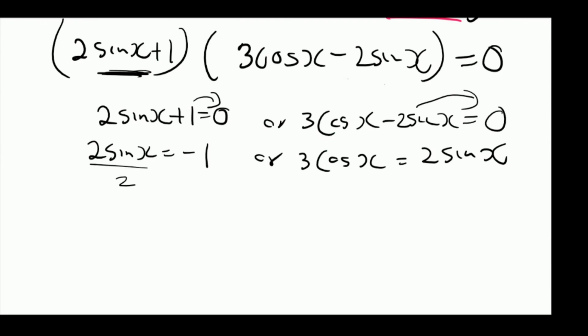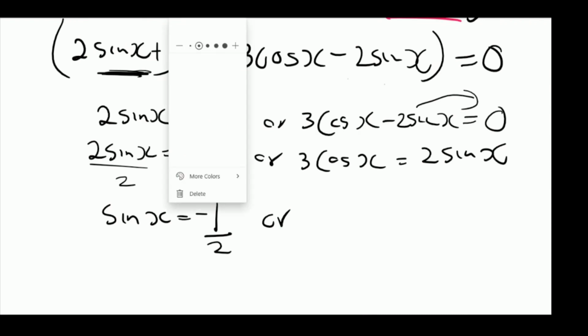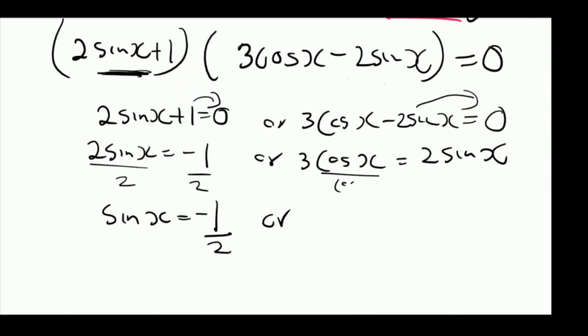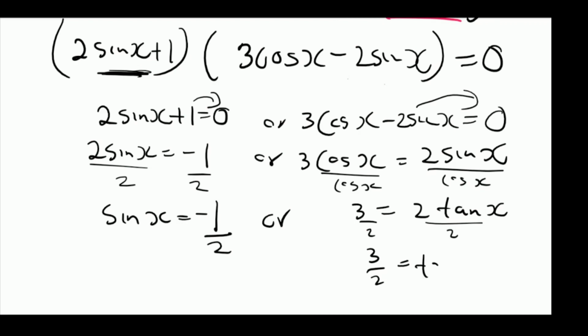Then here we divide by 2 both sides, so you have sine of x equals minus 1 over 2, or here we're just going to divide by cos of x, which will remain with 3 equals 2 tan of x, because sine of x over cos of x is tan of x. Then remember we want to solve for x, so we divide by 2, so you have 3 over 2 equals tan of x.